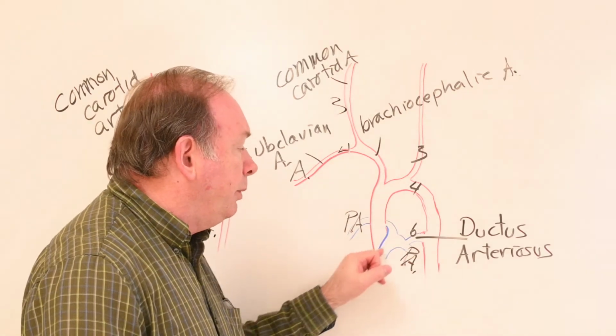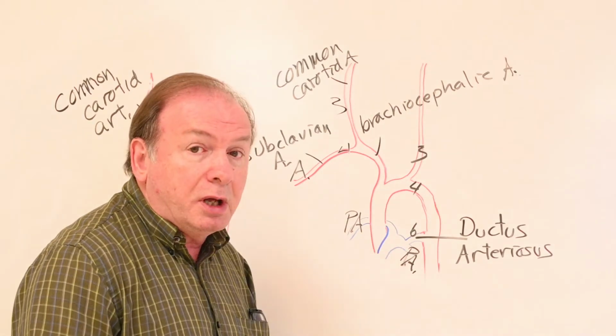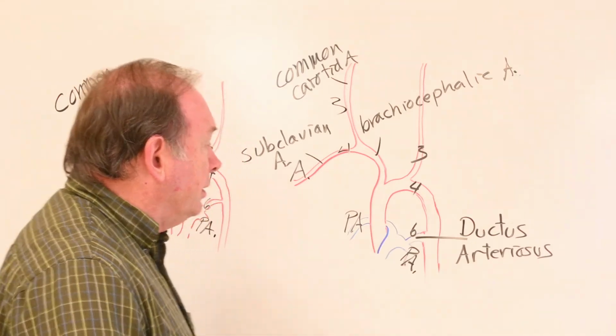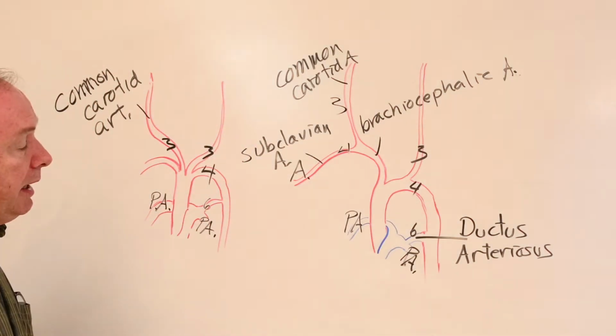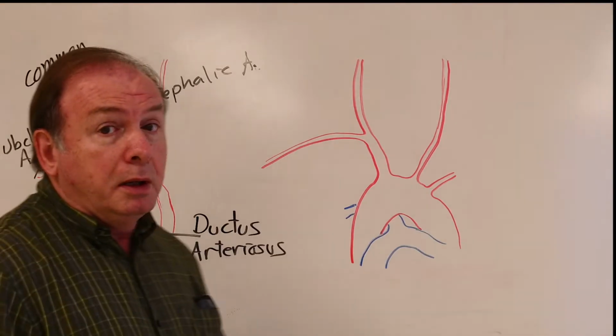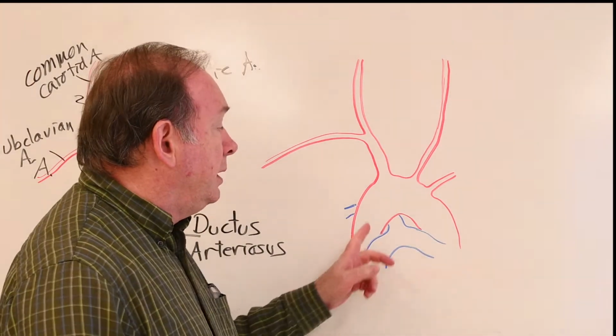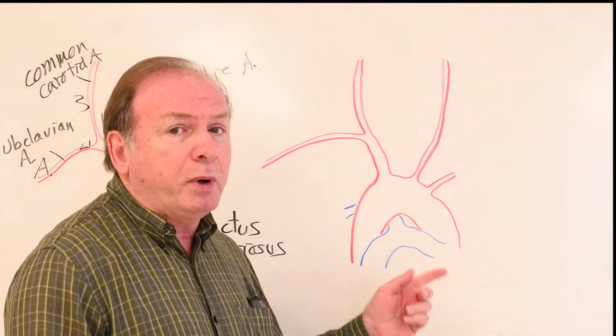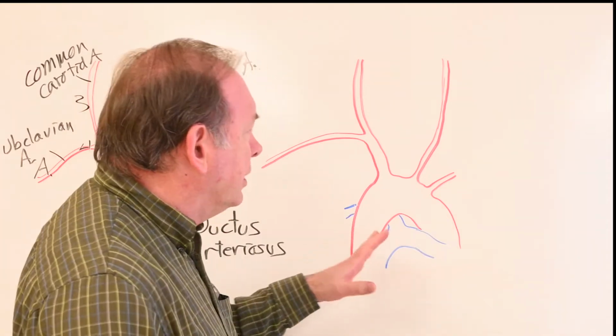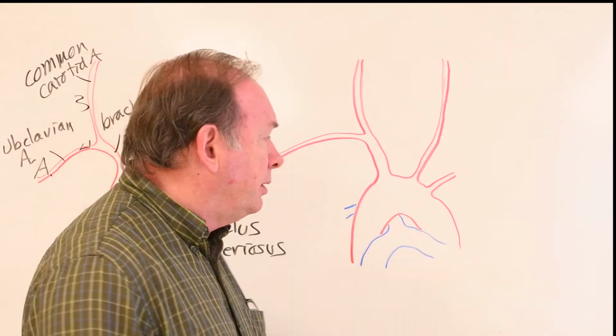Make sure that all of the pulmonary blood gets sent to the lungs, not bypass the lungs, as it does in this case. By the time we get to the mature circulatory pathway here, it looks very little like what we started with.